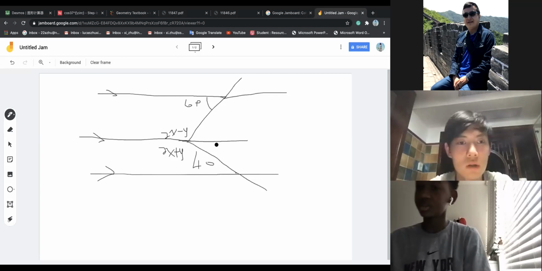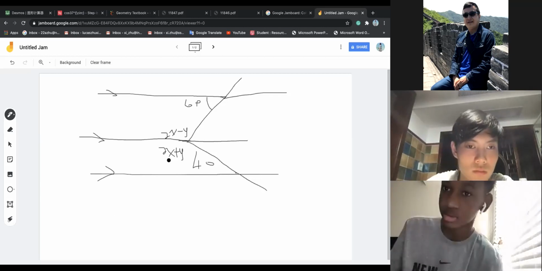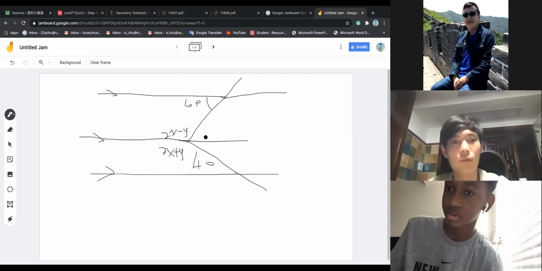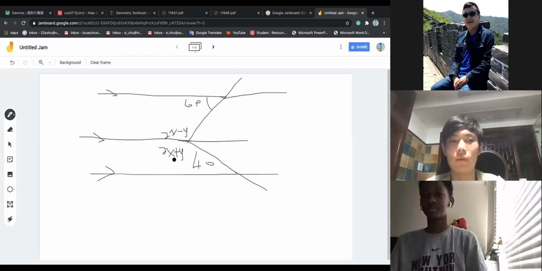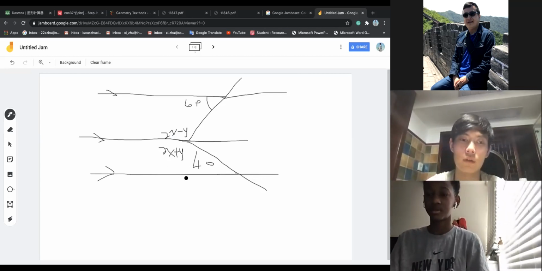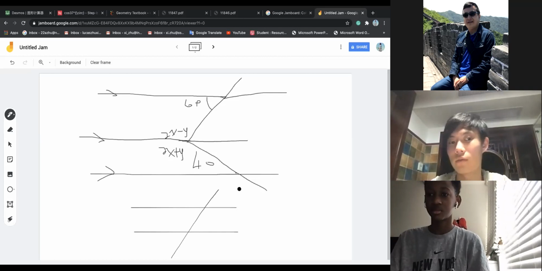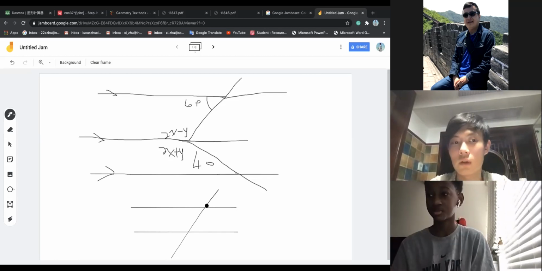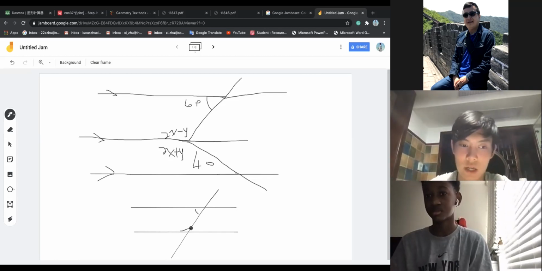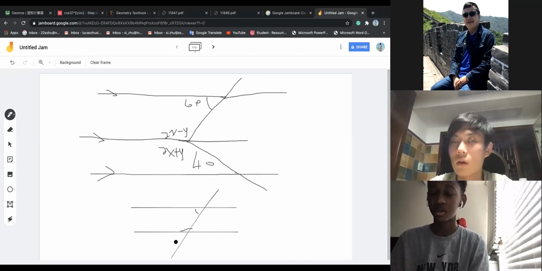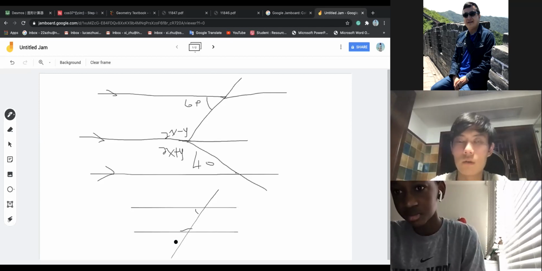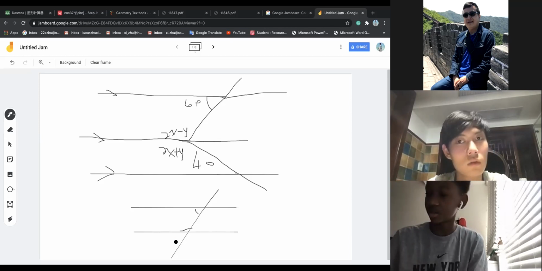If you do not look at the top part of the graph, it will be just two parallel lines and a transversal. And here's the angle, and here's the other angle. What do you call them? We just learned that, we just talked about it at the beginning.